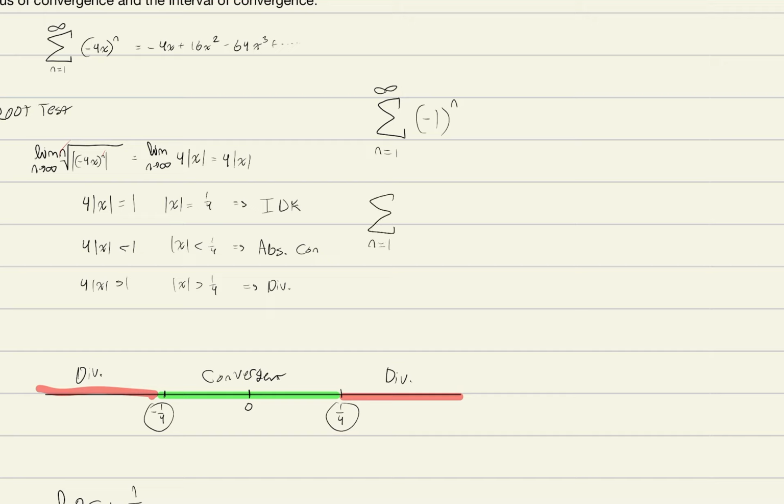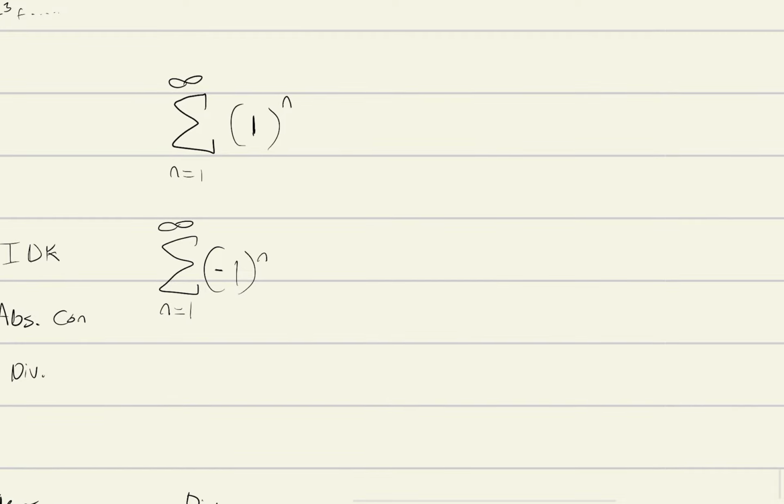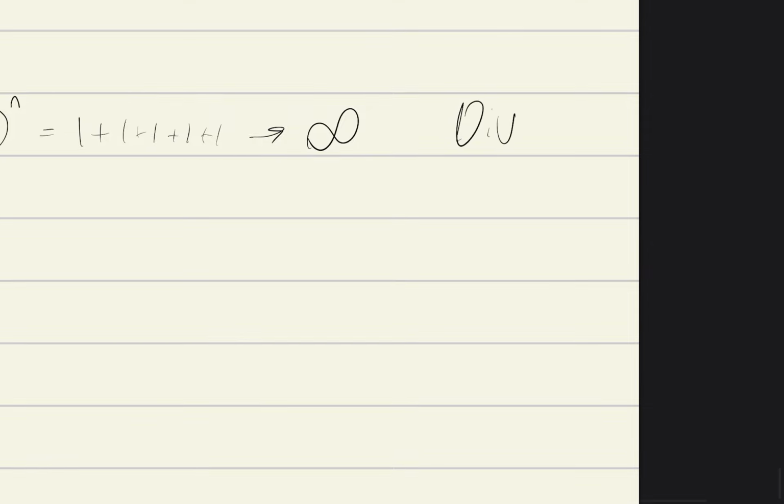And we'll go ahead and write the next one. 1/4 times negative 4 is 1. And this would be 1 to the n. We know that 1 to the n is equal to 1 plus 1 plus 1 plus 1 plus 1, all the way to infinity, making it divergent.